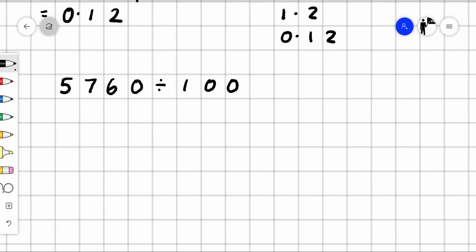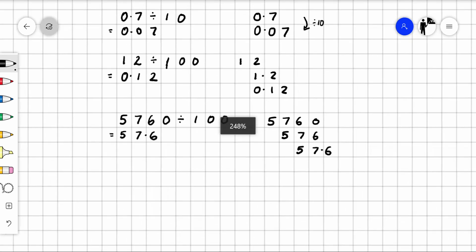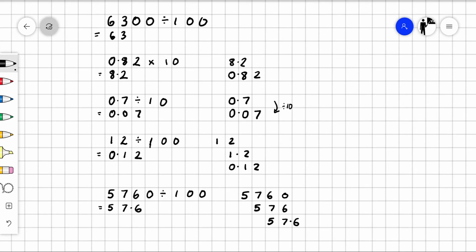And if I move down 1 more place, I'd be at 57.6. If you're not happy with that, write it out. So that would be 576 and then 57.6.